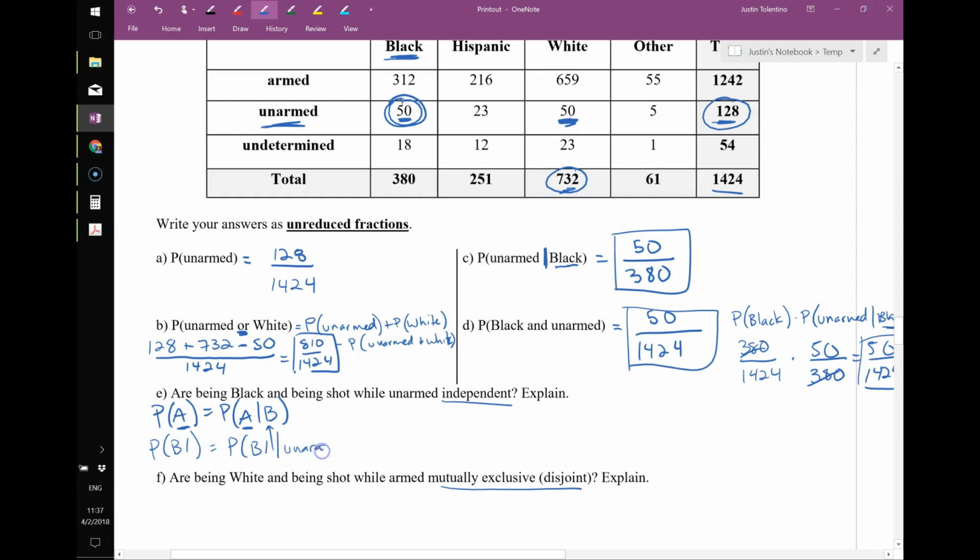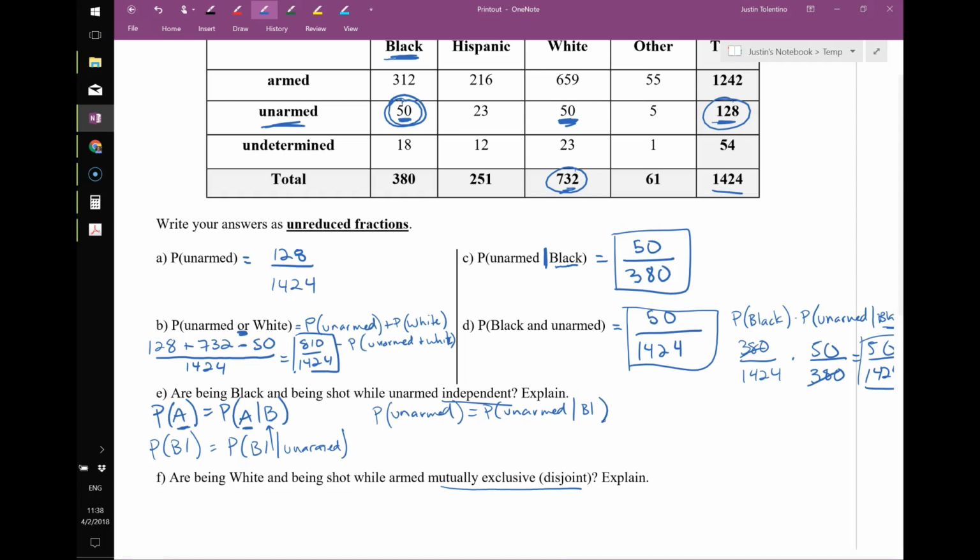Or we could have even done it the other way around, which is probably the easier way, because it doesn't matter which one was which. If black is independent of unarmed, then unarmed is independent of black. So we could have done unarmed. It has to be equal to the probability of unarmed again, but given that we're only looking at someone who is black. And if we do this, we actually realize that we calculated those two probabilities already.